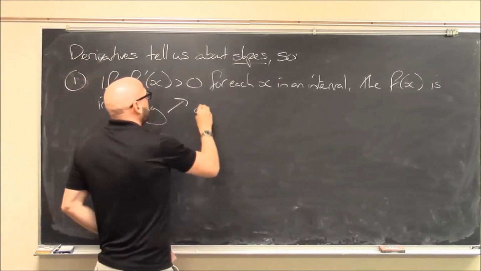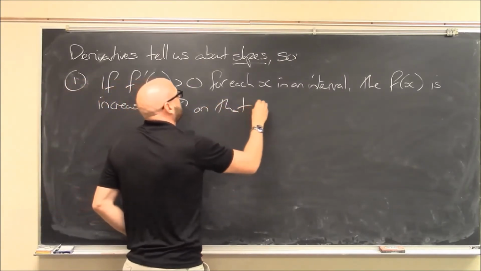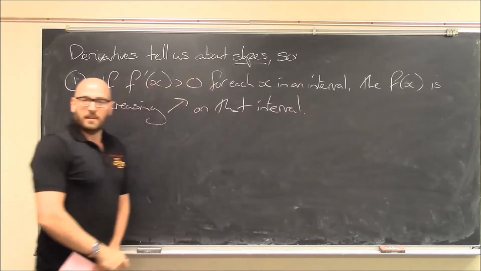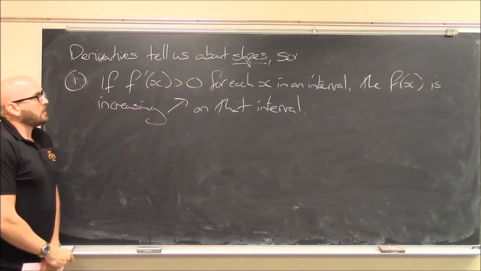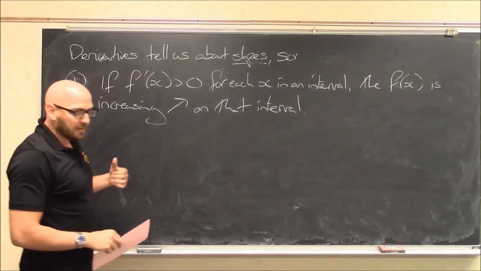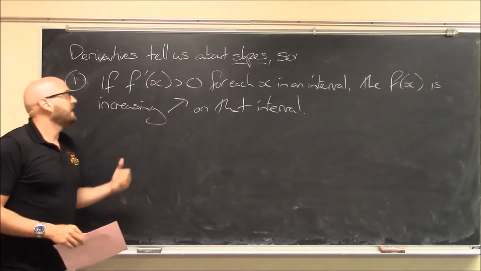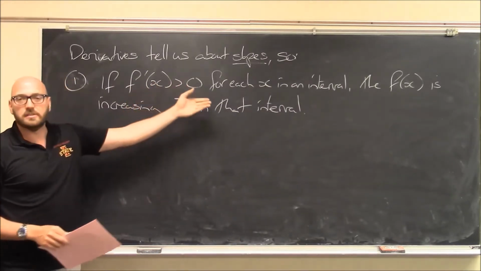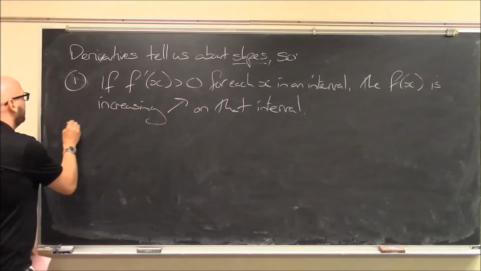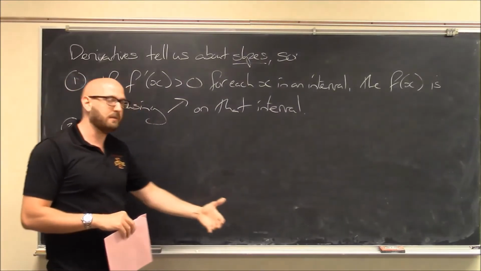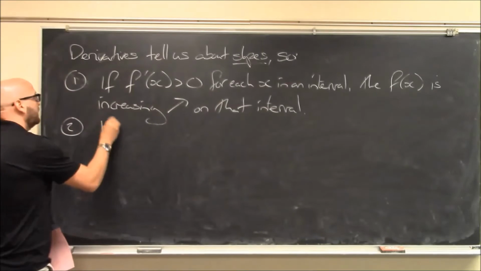It's increasing on that interval. Now you can answer this question algebraically. If I say, where is a function increasing, you would take its derivative and ask yourself, where is my derivative positive? Similarly, a negative derivative would mean a downward slope, so decreasing y value, so it would be a decreasing function.